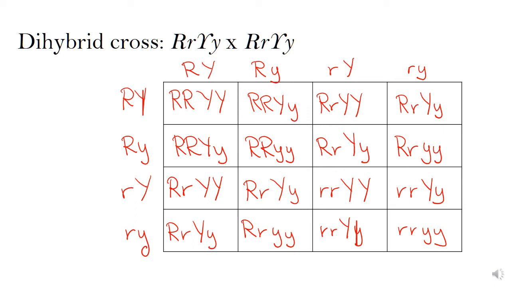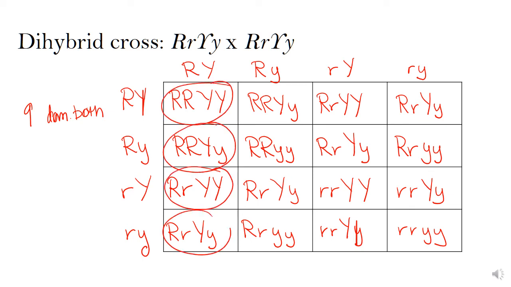And on this you can see that there are different combinations, and you can find the numbers that have the dominant trait for both, which would be 2, 3, 4, 5, 6, 7, 8, 9.